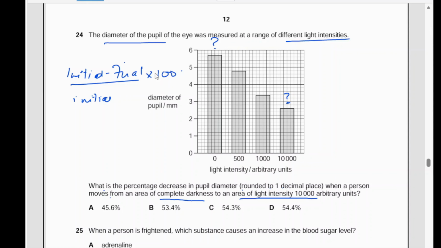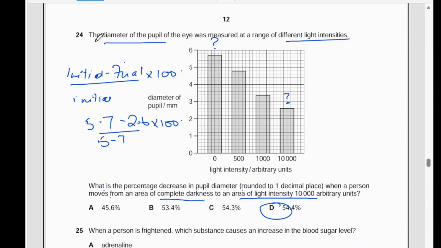Let's say it's 5, and 5.2, 5.4, 5.6, and I guess it's 5.7. Let's say 5.7, and then it's 2.2, 2.4, and 2.6. What's your answer? 4.4. Yes, correct.